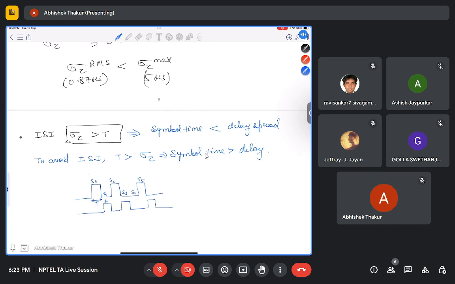This is our S0, S1, S2, S3, S4, S5. So if this T is greater than the delay spread, then there will be no ISI.